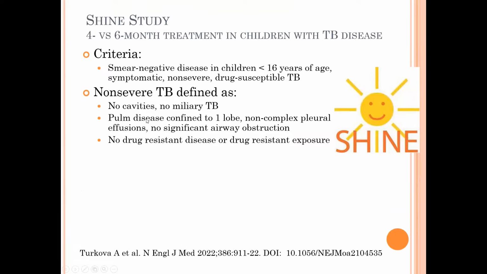If they had pulmonary disease, it was confined to a single lobe. And if they had a pleural effusion, it was not complex. No significant airway obstruction was another criteria. And of course, any disease that was considered drug resistant, or if they had a drug resistant exposure, those patients were not part of the study.